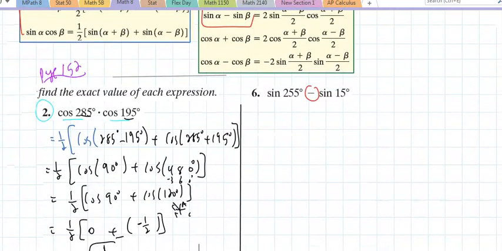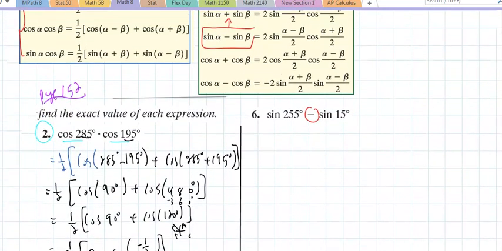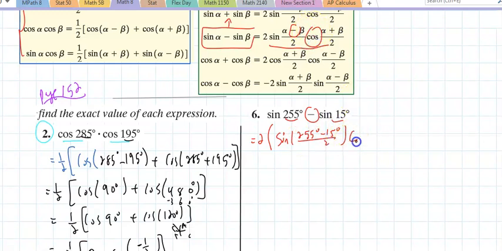And what would that be? Based on the formula, that would be twice sine of the difference of those, 255 degrees minus 15 divided by 2, cosine of the sum of those, 255 degrees plus 15 degrees divided by 2.